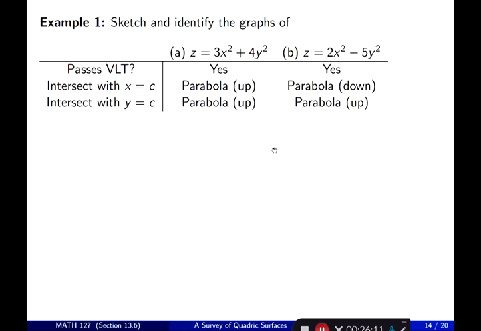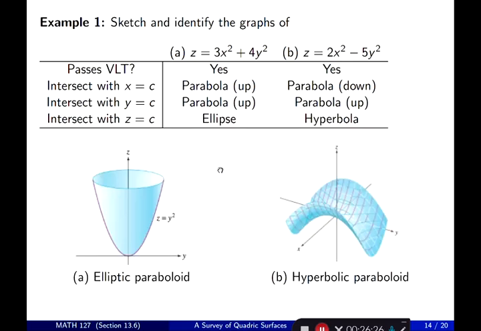With y equals c, these are parallel to xz planes, and the first one gives you a parabola up, the other one gives you a parabola up also. With z equals c, one gives you an ellipse, the other one gives you a hyperbola, and so you end up with the first one being an elliptic paraboloid, the second one the hyperbolic paraboloid.